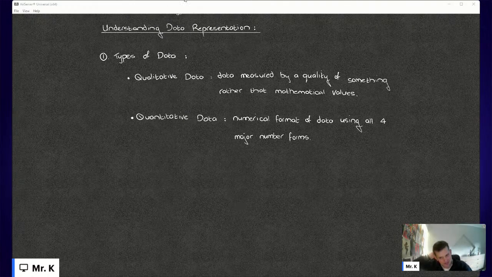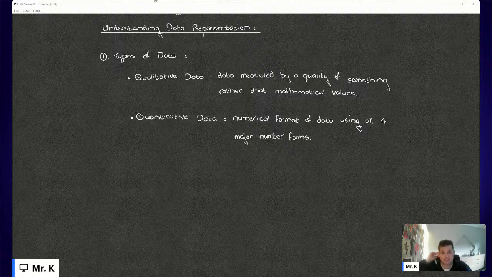So why does this matter, guys? Because the type of data that we have impacts the kinds of graphs and diagrams that we choose to use when we decide that we want to put this data on display and represent it in a visual format. But we can be just a little bit more specific about all of this.